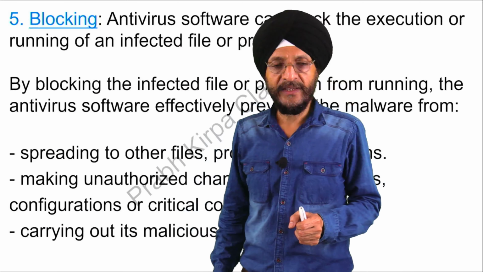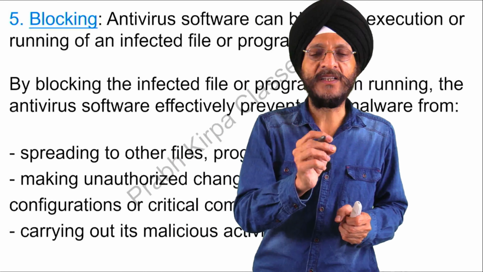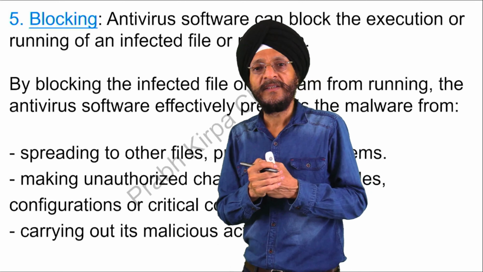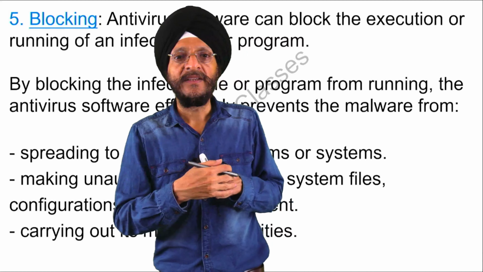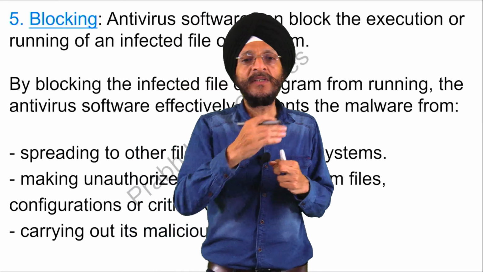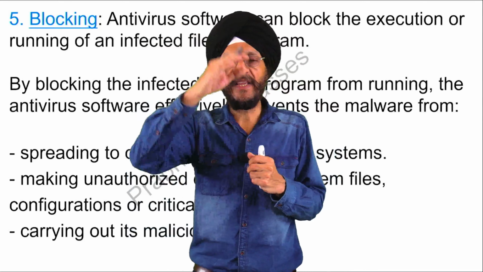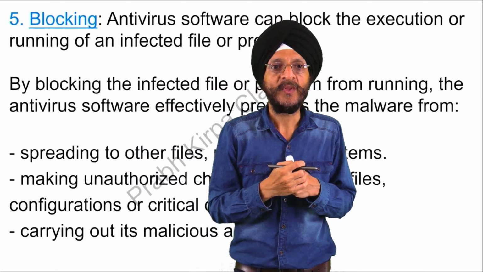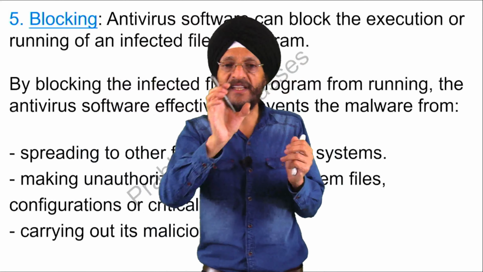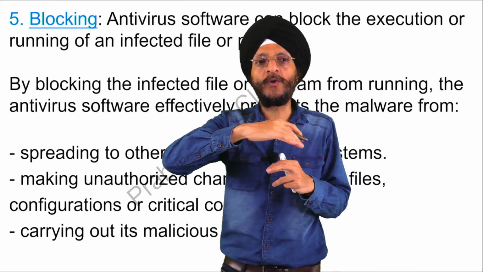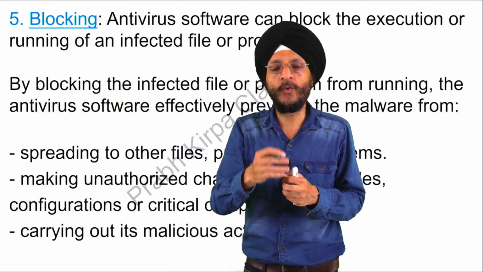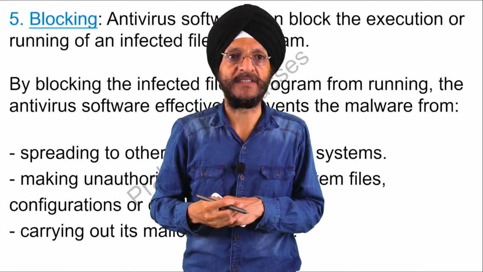When an infection is caused by the malicious software, that infected file may cause infection to other files, or the infected file may carry out its malicious activities, or the malicious software present in the infected file may carry out some unauthorized changes in the system file or do some other nefarious activities.